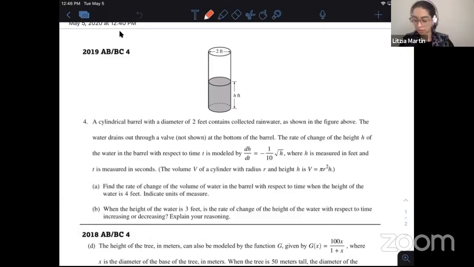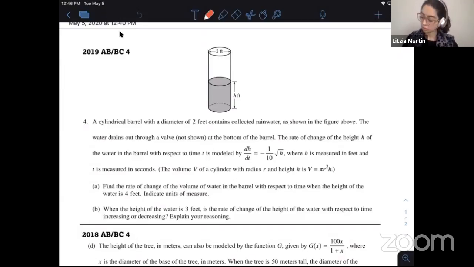The volume of a cylinder with radius r and height h is V equals pi r squared times h. We should know that volume equation already, but if not, they gave it to us. Part A says find the rate of change of the volume of water in the barrel with respect to time when the height of the water is 4 feet, indicate units of measure.